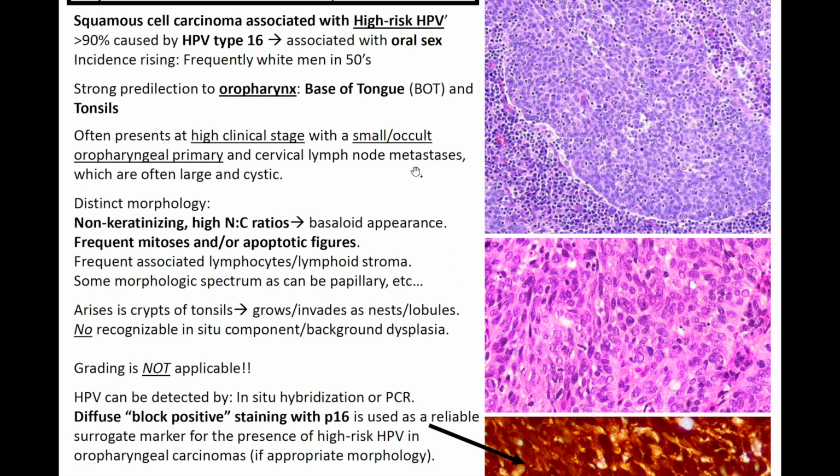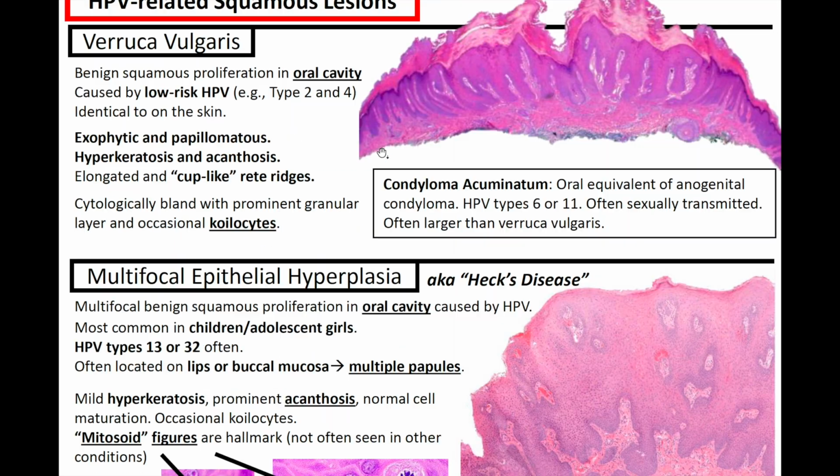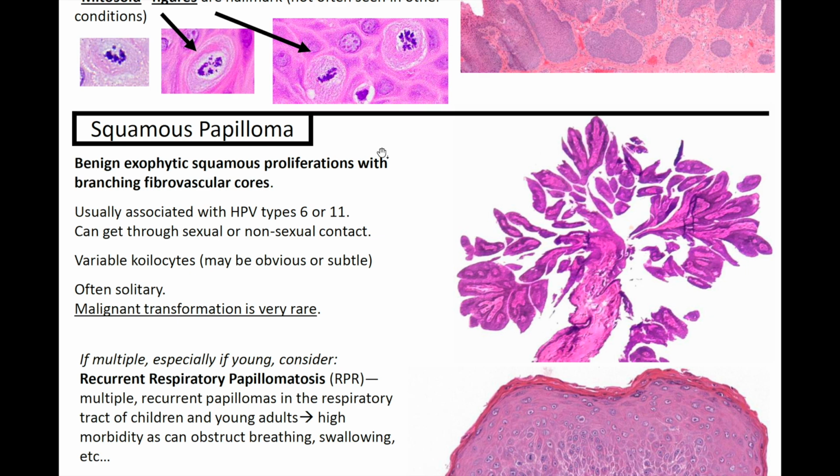So next up, we've got squamous papilloma. So squamous papilloma is a benign exophytic squamous proliferation with branching fibrovascular cores. It's usually associated with HPV type 6 or 11, and you can get it through sexual or non-sexual contact, with variable koilocytes that may be obvious or subtle. They are often solitary, and malignant transformation is very rare for squamous papillomas.